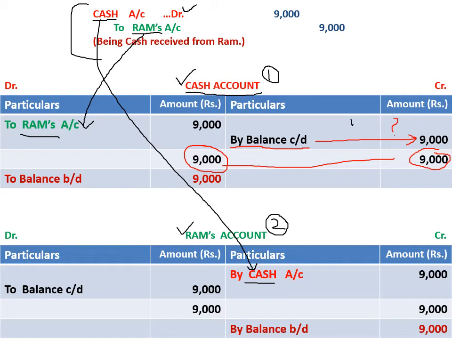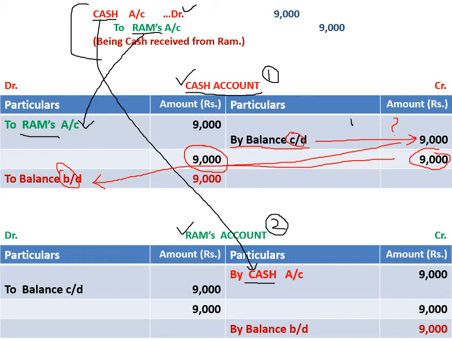Balance c/d means c/d stands for carried down, and the c/d balance will be transferred to the opposite side as balance b/d. b/d stands for balance brought down. So balance c/d will be transferred to the opposite side as balance b/d. Again you can understand from the Ram account.